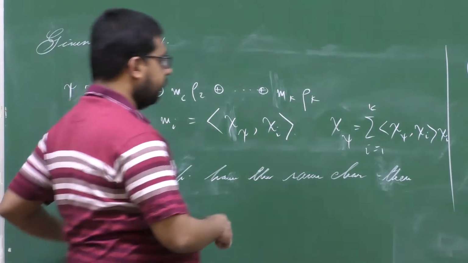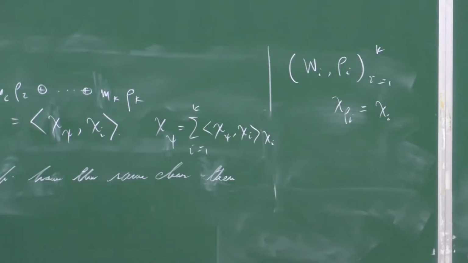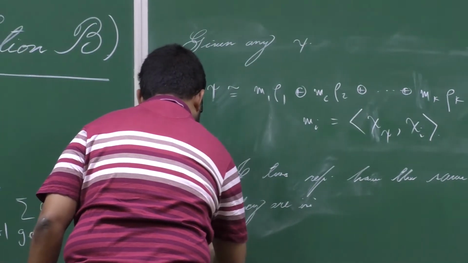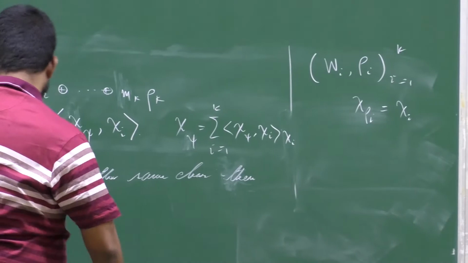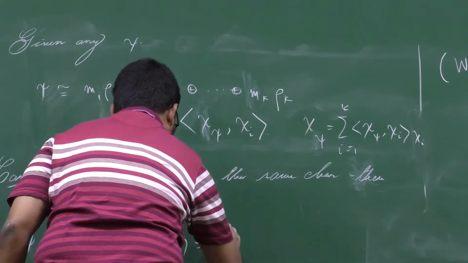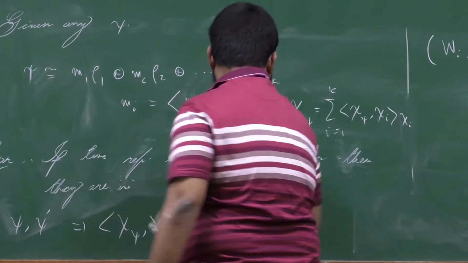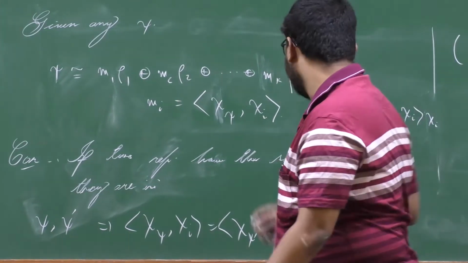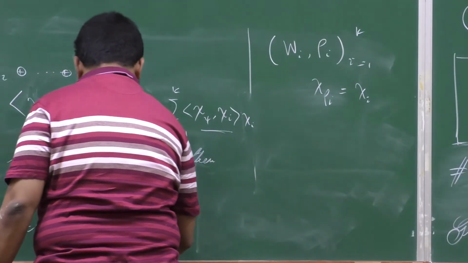So now, if two representations, let us say psi and psi prime, have the same character, then it is easy to see that it immediately follows, because they are characters and these chi i's already form an orthonormal set, that these scalars have to be unique, for all i.